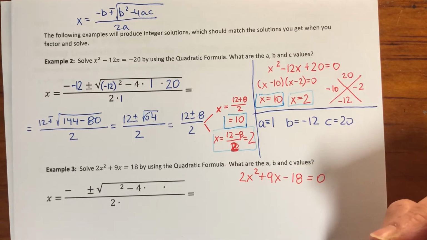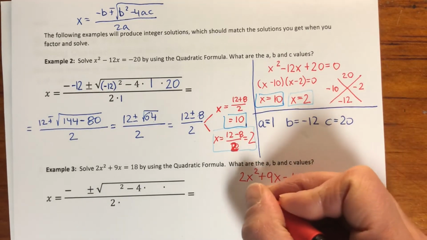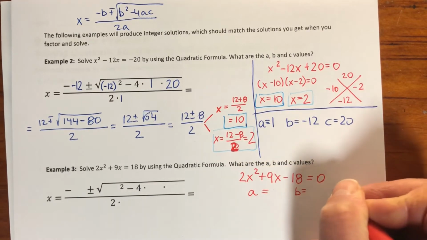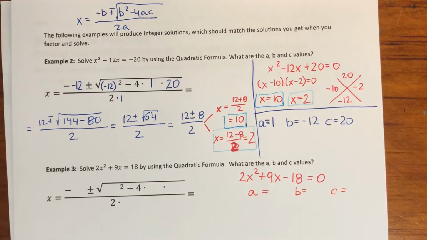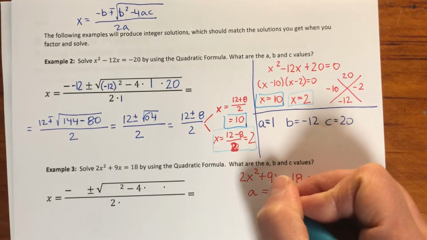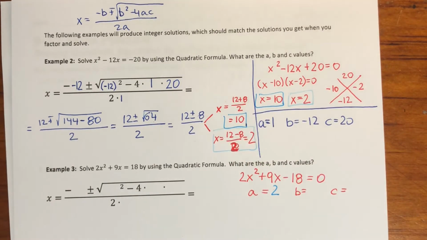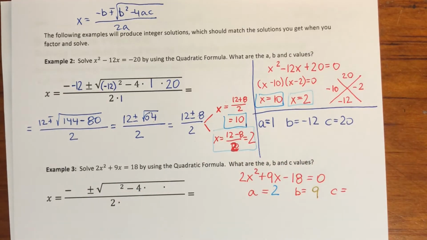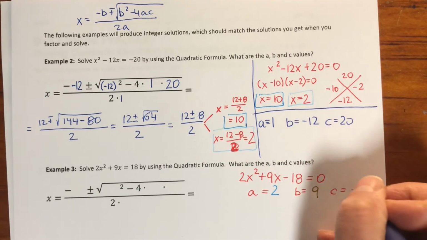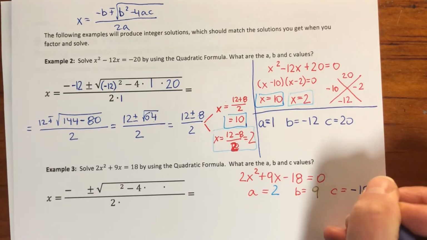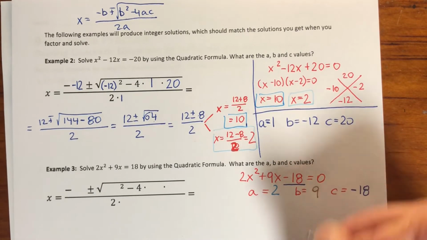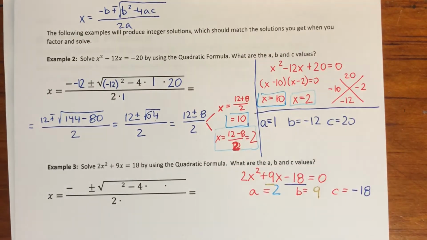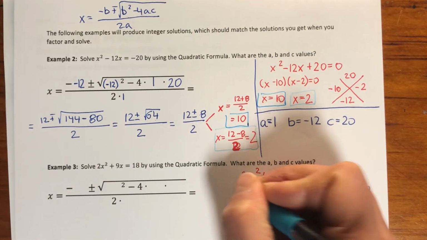I'm going to list my values, A, B, and C. So A is going to be 2, B is going to be 9, and C is going to be negative 18. This is my negative 18, this is my C, this is my B, and this is my 2.